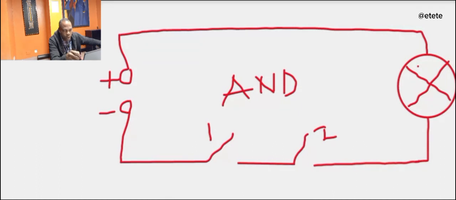For this bulb to come on, I need to close switch 1 and I also need to close switch 2. Do you understand? Yes. So this is how the AND gate works. I have to close both switches before I'll be able to get the bulb to come on.